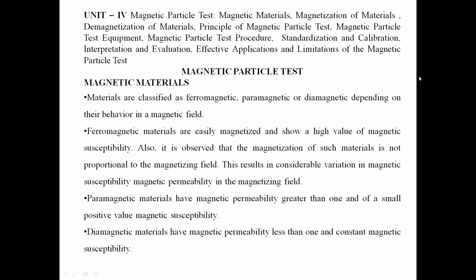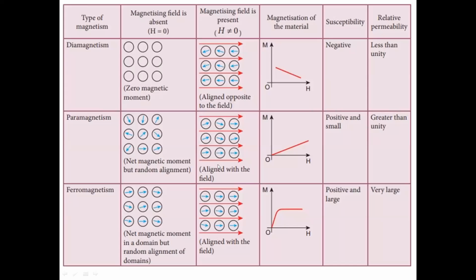Okay, now we see the difference between ferromagnetic, paramagnetic and diamagnetic materials. See this table. You can easily differentiate between ferromagnetic, paramagnetic, and diamagnetic. Here, this is if there is no magnetic field, means the absence of magnetic field in the material. These are the orientations of crystals inside the material.